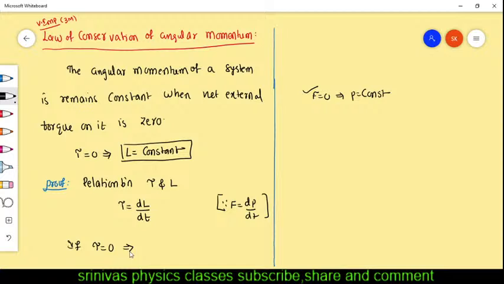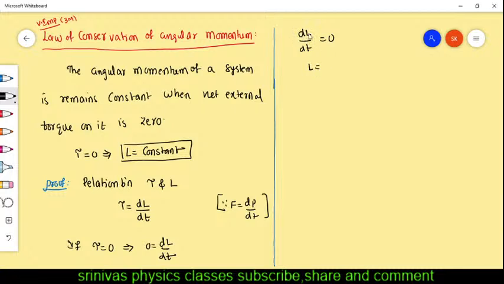You substitute this in the above equation, then you will get 0 is equal to dL by dt. Then from that we will get dL by dt is also 0. Is it correct? If you have any doubt while I am teaching, you write it in the chat box.